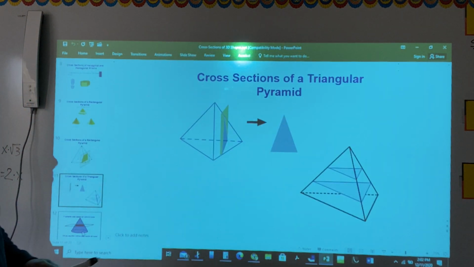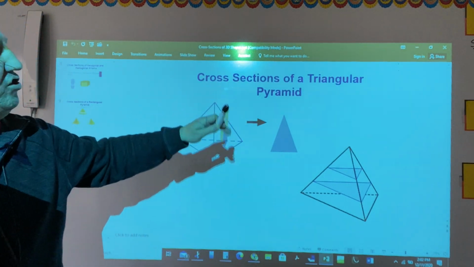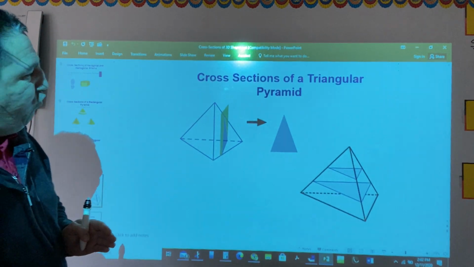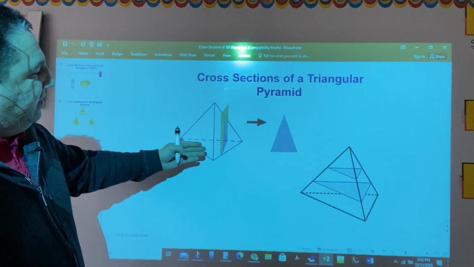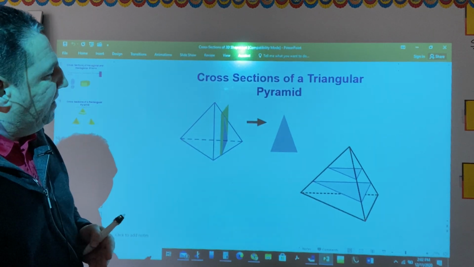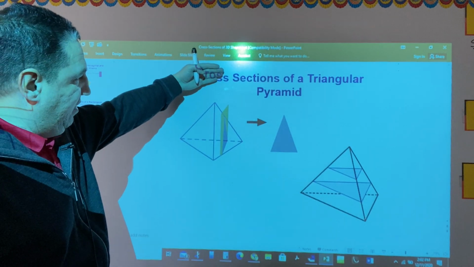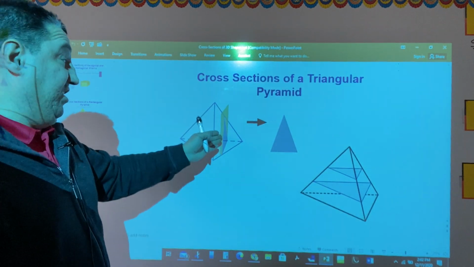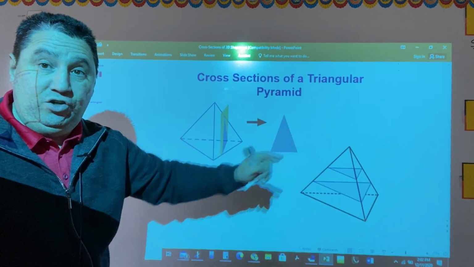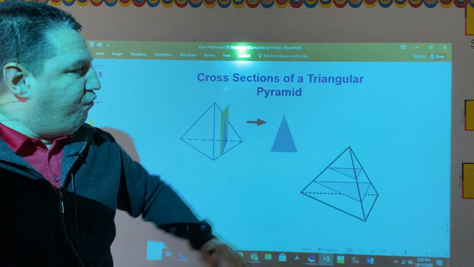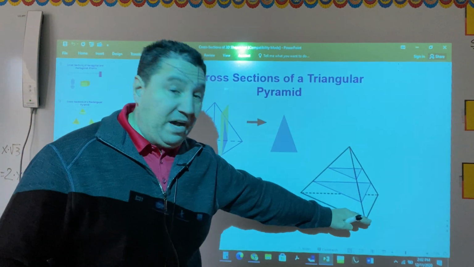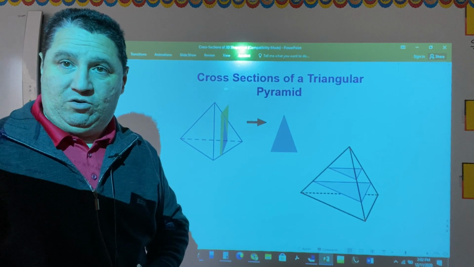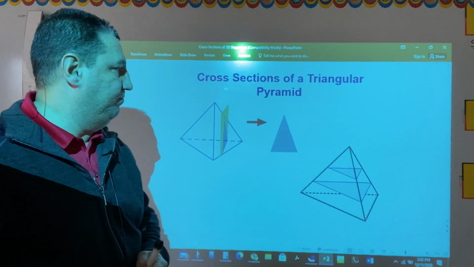Another case is the cross sections of a triangular pyramid. As we can see, if we cut a triangular pyramid vertically, through its apex, the resulting cross section would be a triangle. If we cut horizontally or parallel to the base, the resulting cross section would also be a triangle.